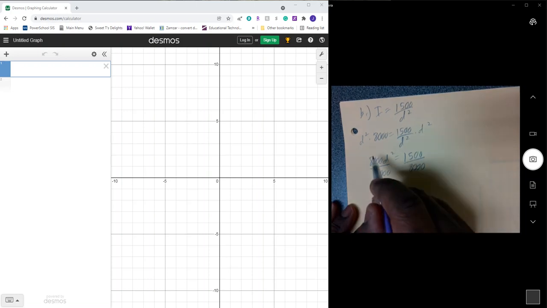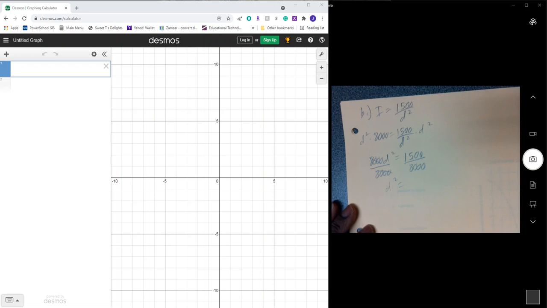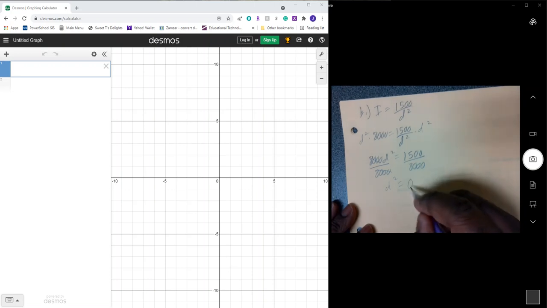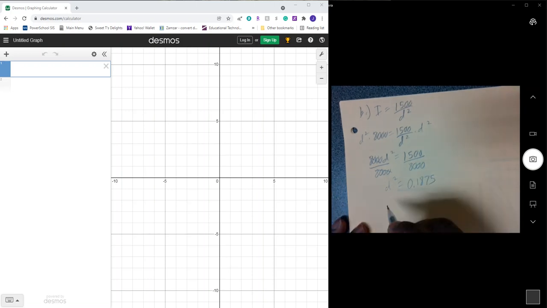And then once this simplifies out, you have d squared is equal to, now, what would end up happening here is this. When you divide this out, you can put this in a calculator. It'll be 0.1875. Then you have to take the square root of both sides, and this will be plus or minus the square root of 0.1875.